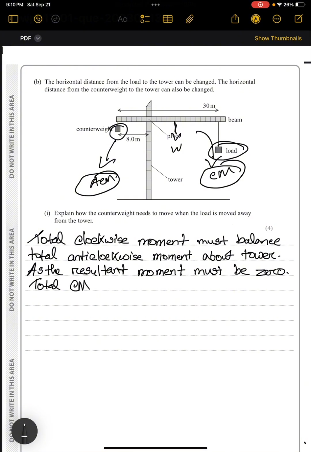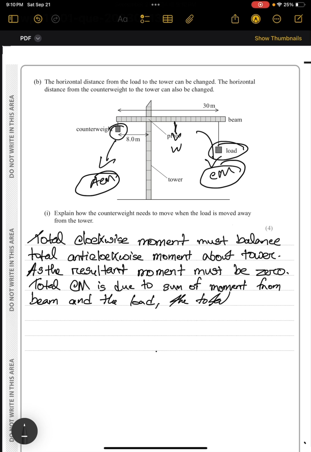Total clockwise moment is due to the sum of moments from the beam and the load. The total anti-clockwise moment is due to the counterweight.